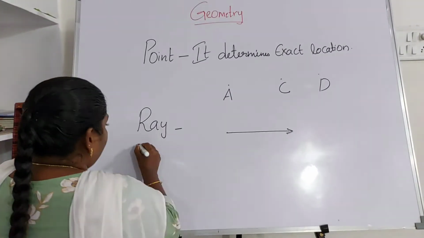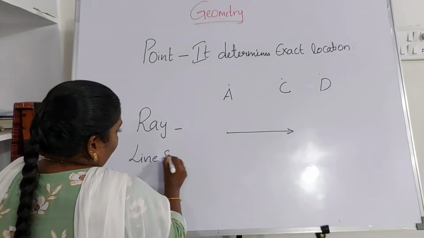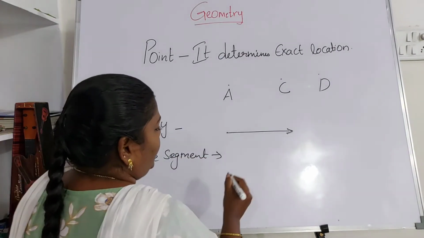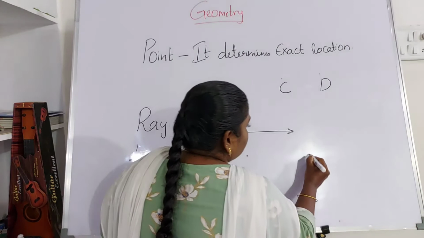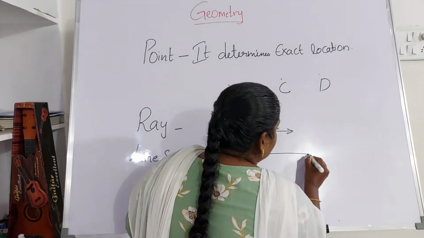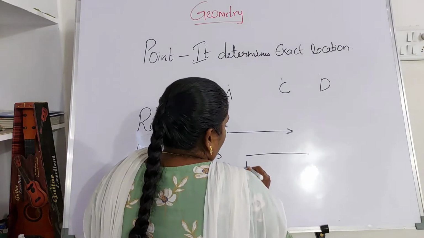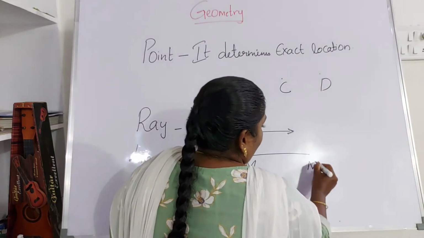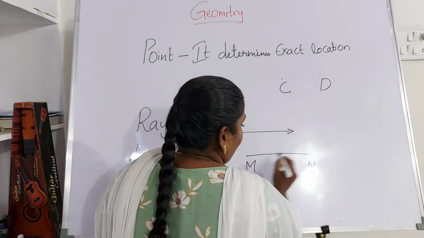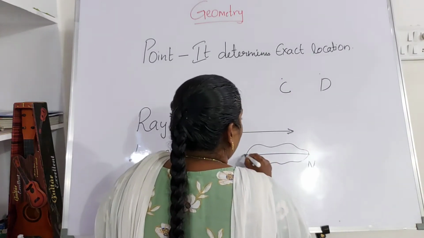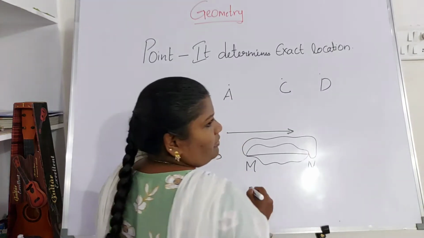Whereas line segment, now line segment is the shortest distance between the 2 points. Now I can reach from M to N in many ways. This is one way, this can be one more way, this can be one more way, or this can be one more.